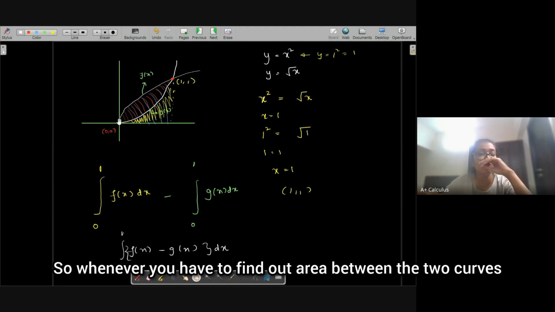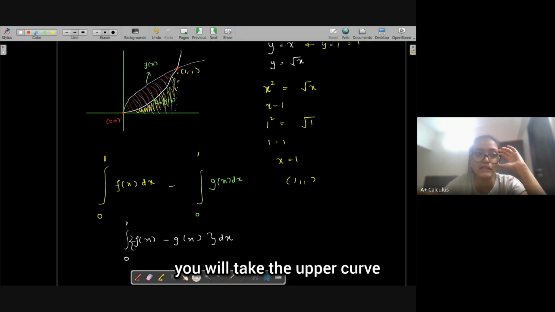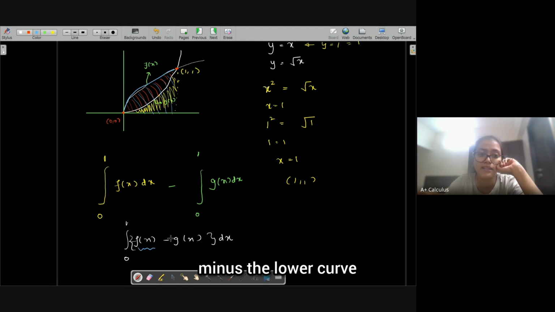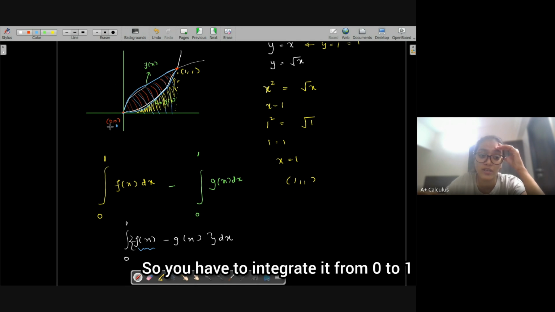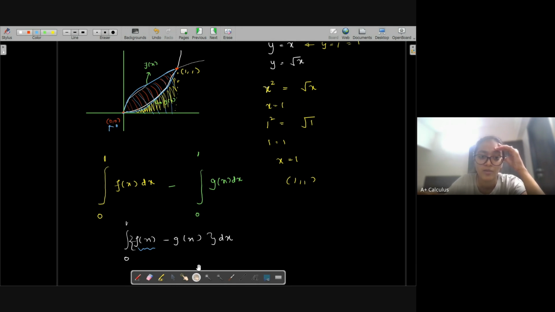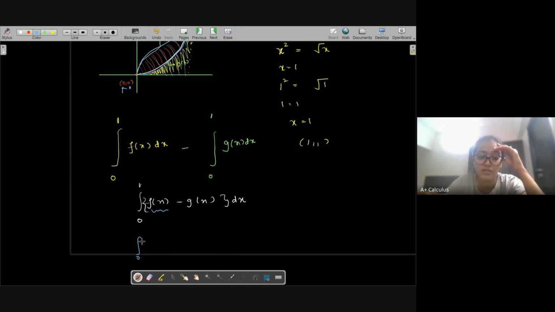So whenever you have to find the area between two curves, you take the upper curve, minus the lower curve, and you integrate it from the points of intersection. Those will be the limits. So you have to integrate it from 0 to 1.